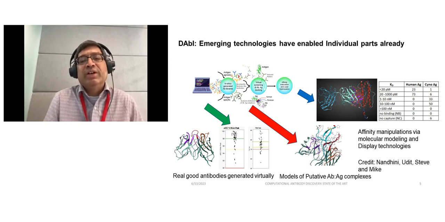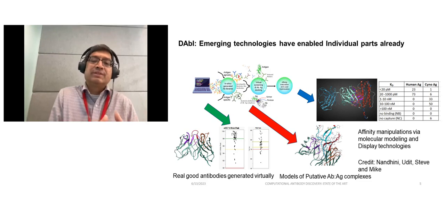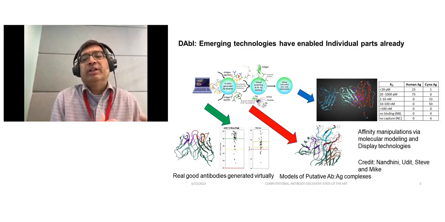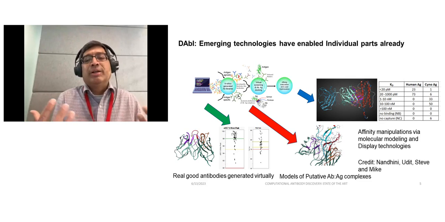So in some ways, what I have shown you here is really that discovery of antibodies in silico, as I call it DABI, is something where we have realized this vision. And of course, others in the field also have examples where they have realized this in parts.